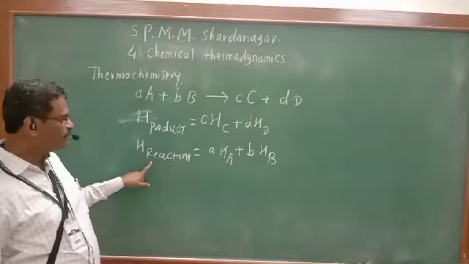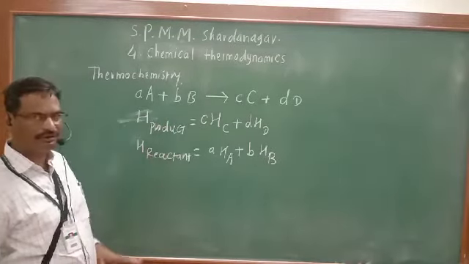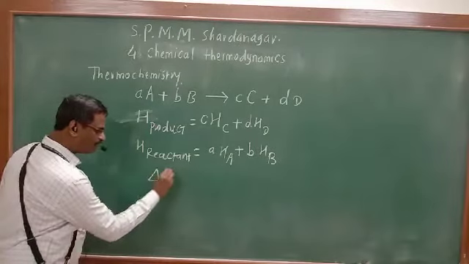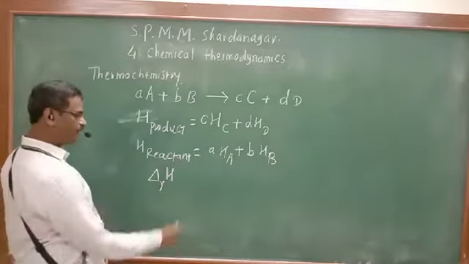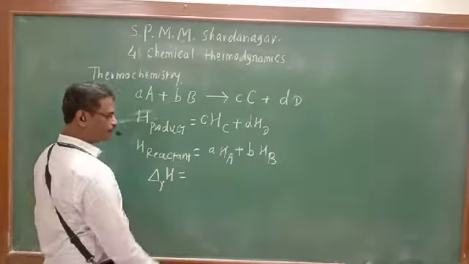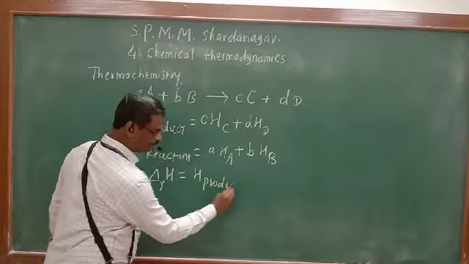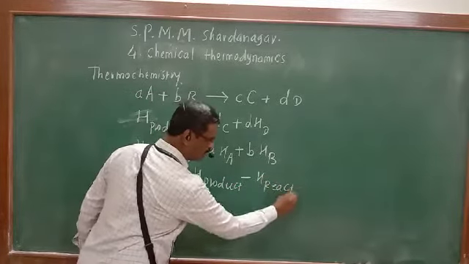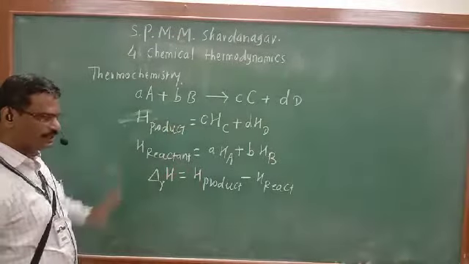Now, if we subtract the enthalpy of reactant from the enthalpy of product, we will get the enthalpy of reaction, which is equal to enthalpy of product minus enthalpy of reactant. And how that is calculated, we have studied.